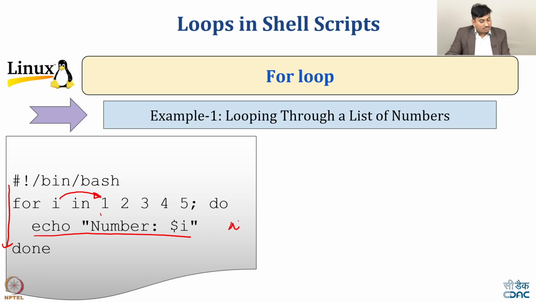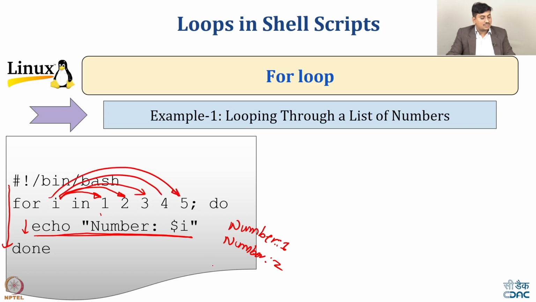Then check whether it has been completed, no. So now take the other value, and once again execute this particular command, then number 2, and likewise till the moment it finishes the list. Once the list is finished, it will exit the code. In this particular way the for loop generally works in shell script.